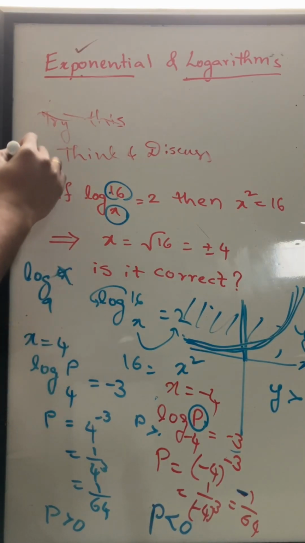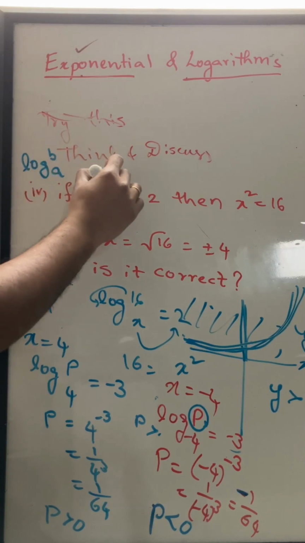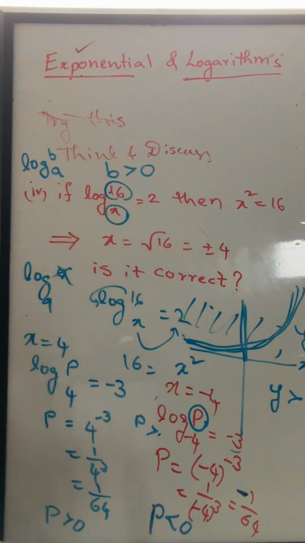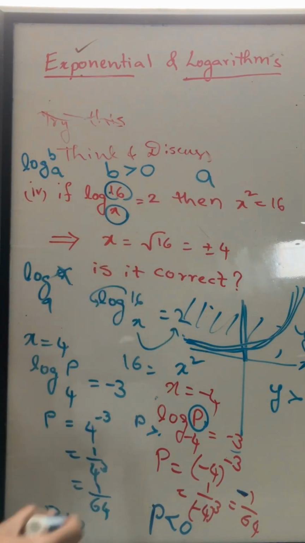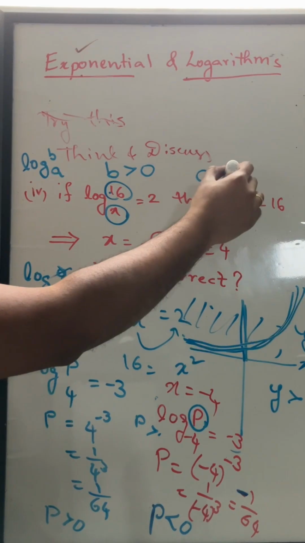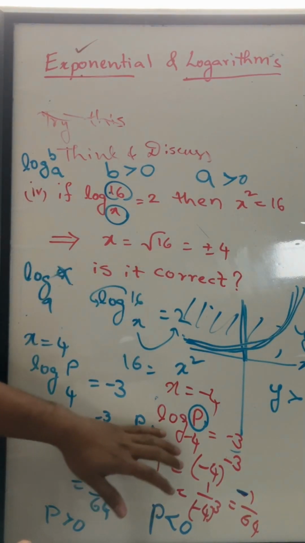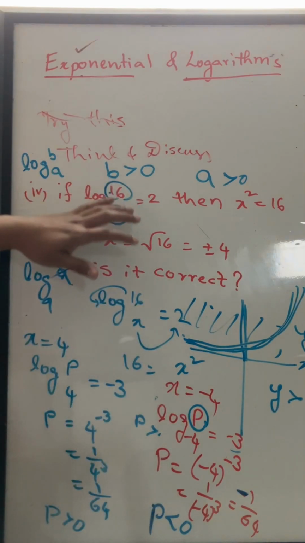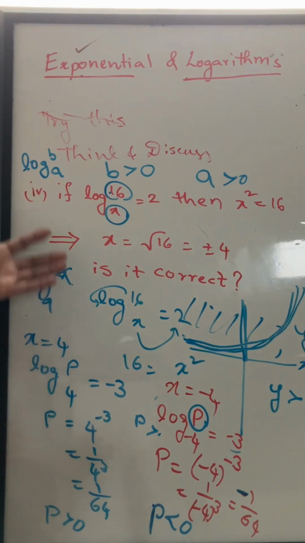So if you are writing log b base a, b is always greater than 0, and a is also always greater than 0. If we take negative values, we have seen that b would also have to take a negative value, but b can't be negative. So logarithms are for positive values only. We don't go with negative values.